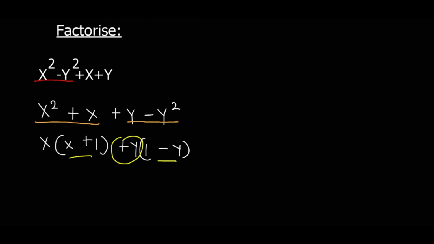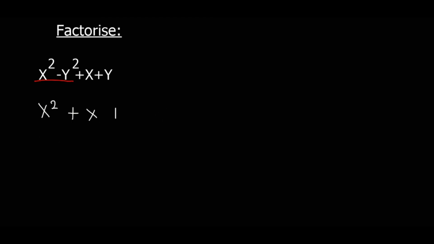So this is because there is something that you have not noticed. If you look at these first two terms, x squared minus y squared, it is the difference of two squares. The difference of two squares is two terms that are separated by a minus, and then they have an exponent of 2, or you can write them as an exponent of 2.